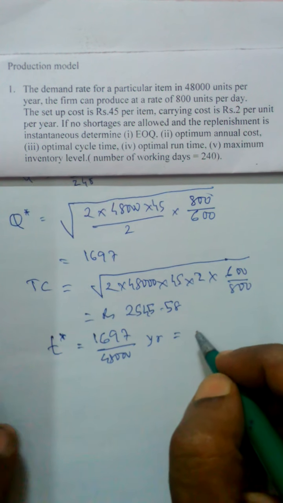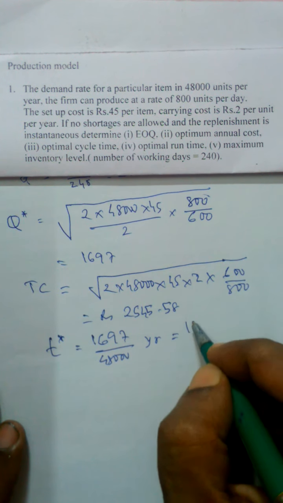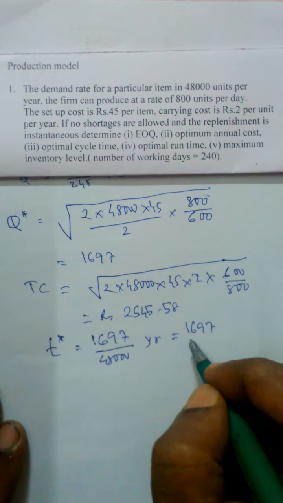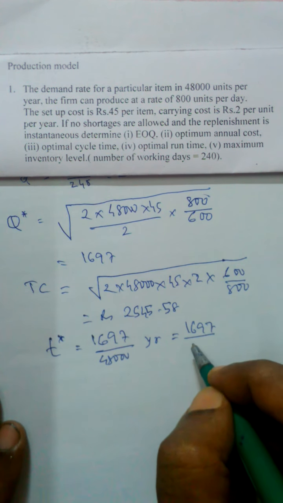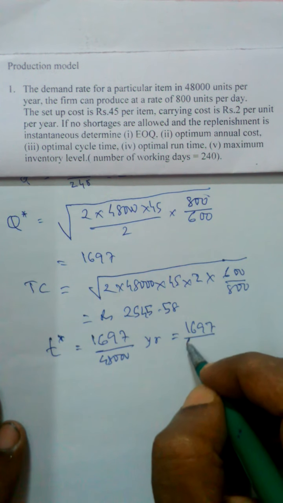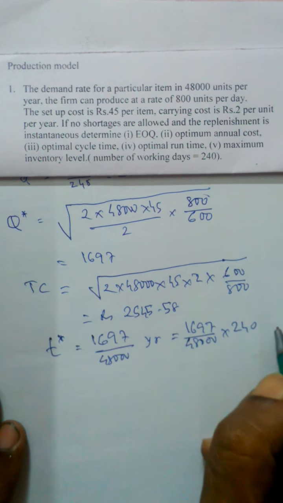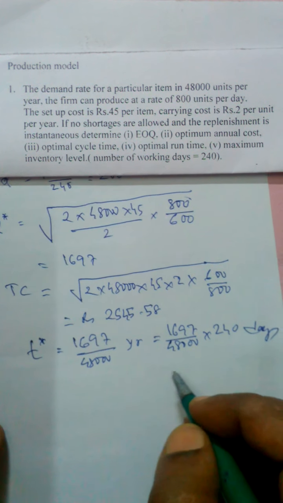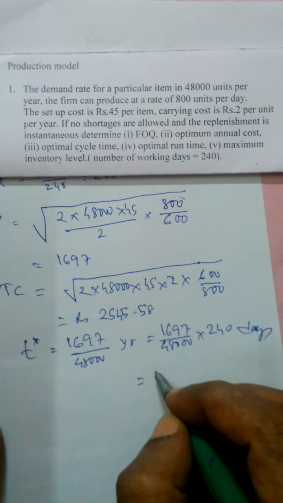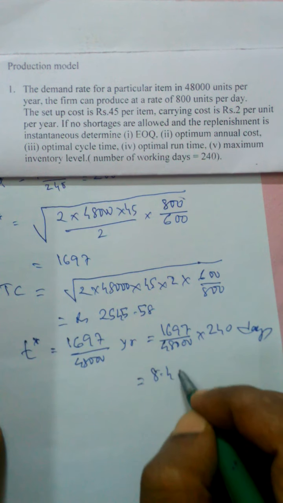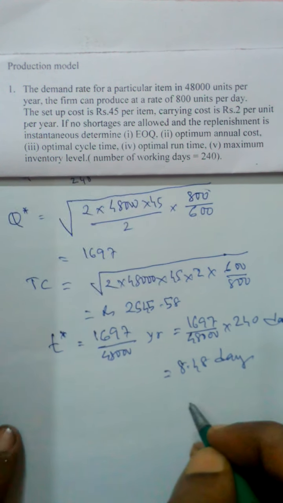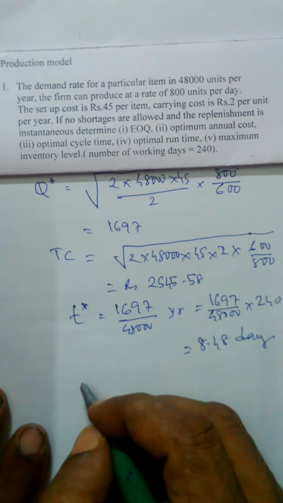If you multiply by 240, you get the days, or you can divide by small d, that is 200, because multiplying by 240 converts years to days. So your answer comes to roughly 8.48 days. This is the time cycle.